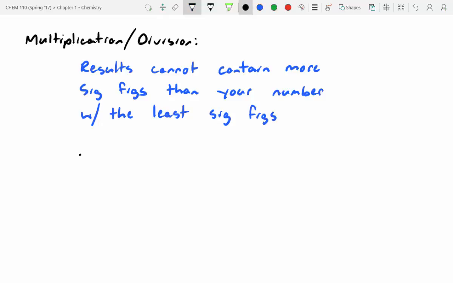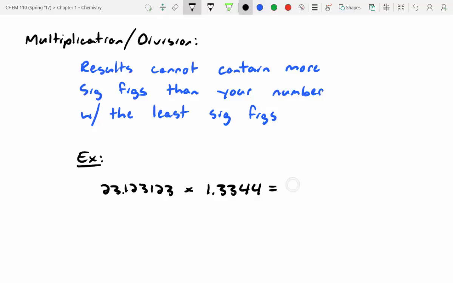And again, let's do an example to show what I mean by this. So let's say I'm taking 23.123123 and I'm multiplying this by 1.3344. We can plug and chug with our calculator, right?